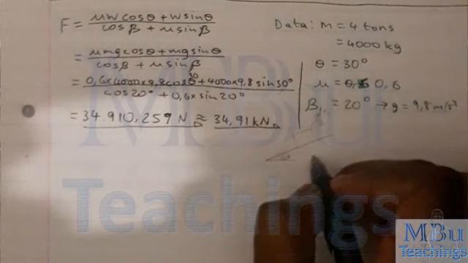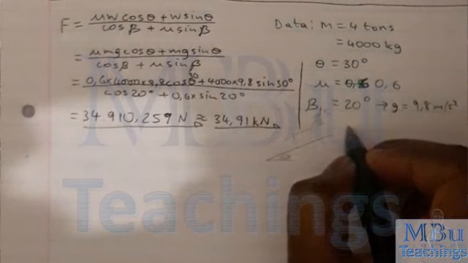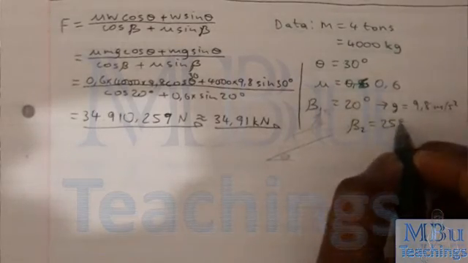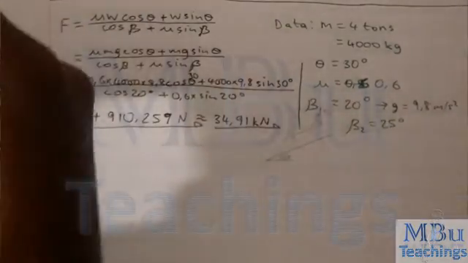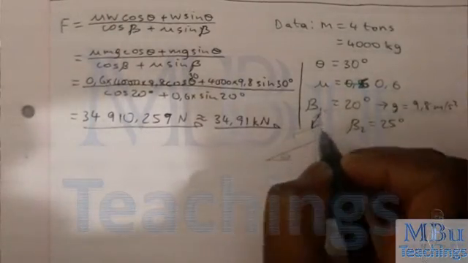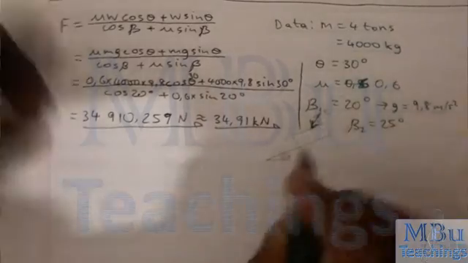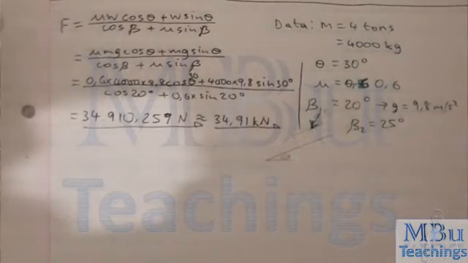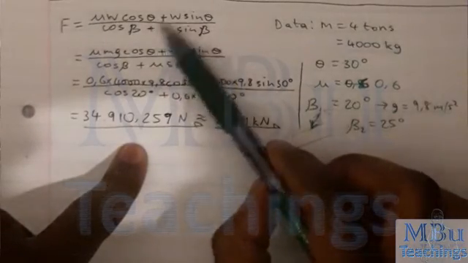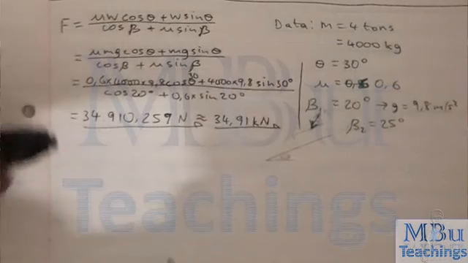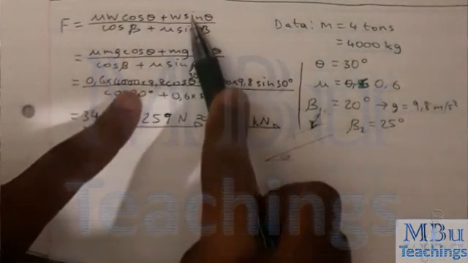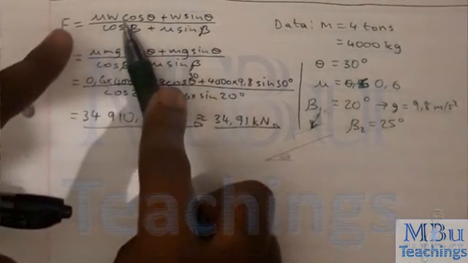In other words, our beta 2 is 25 degrees, but this time everything changes. We are no longer going up, instead we are going down. So when we go down, we change signs on those ones. You'll have negative on both of them, and this time we will actually start with sine, and then this will be the next one.